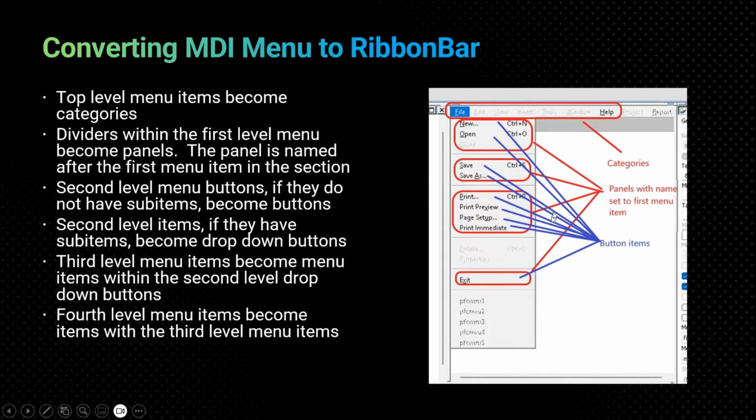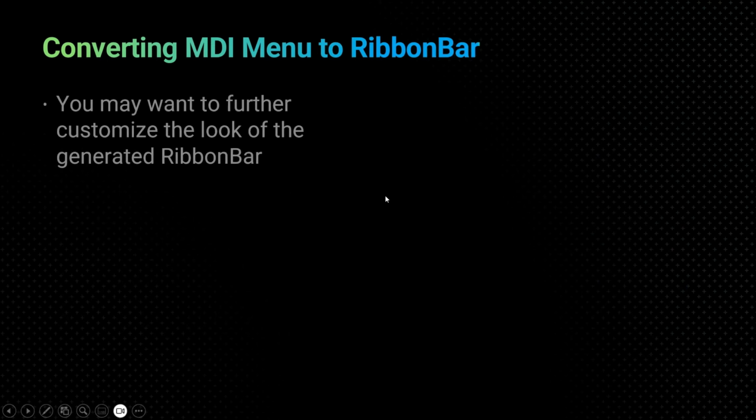Those submenu items would become buttons on the drop-down button. If there were fourth level menu items, those become menu items on the RibbonBar. So it does that all automatically.